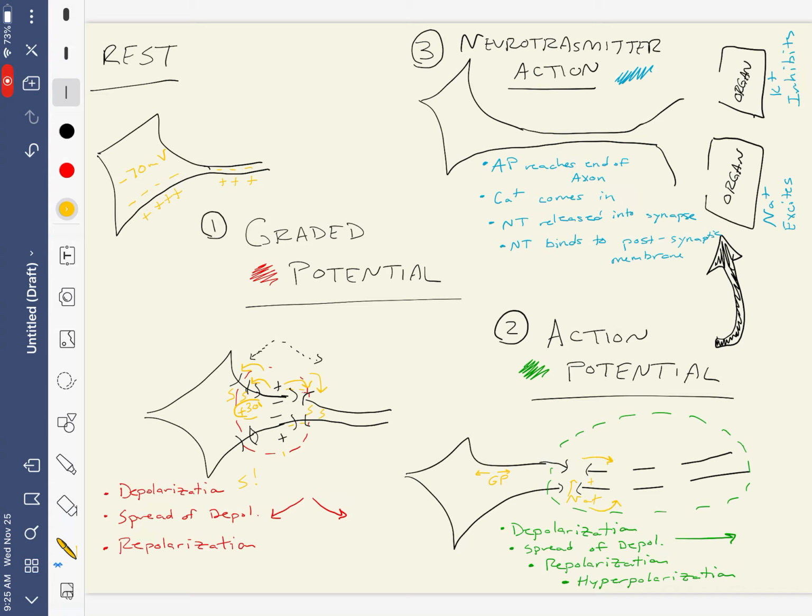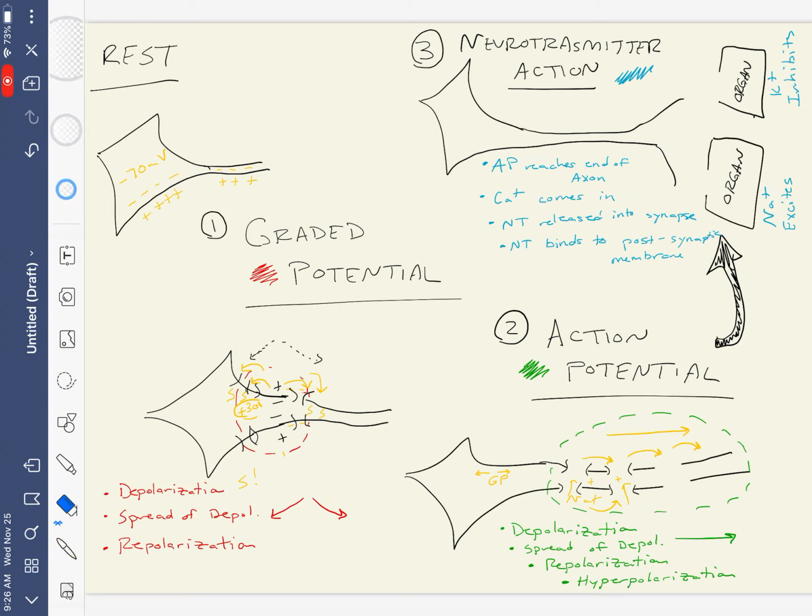So after the first set of sodium channels open, then the next set of sodium channels open. Sodium comes in, inside becomes positive. And this spread of depolarization continues, and that little current spreads in one direction. This current will keep the same intensity the whole way.